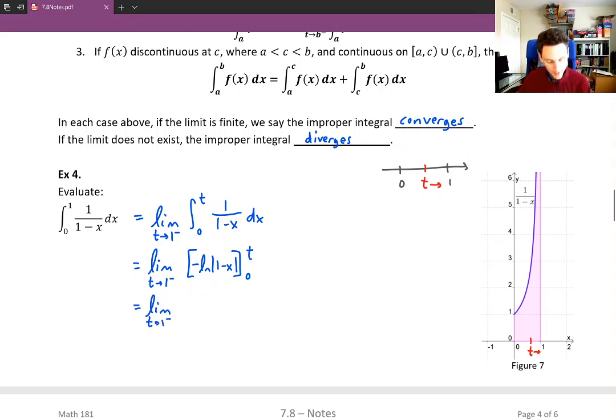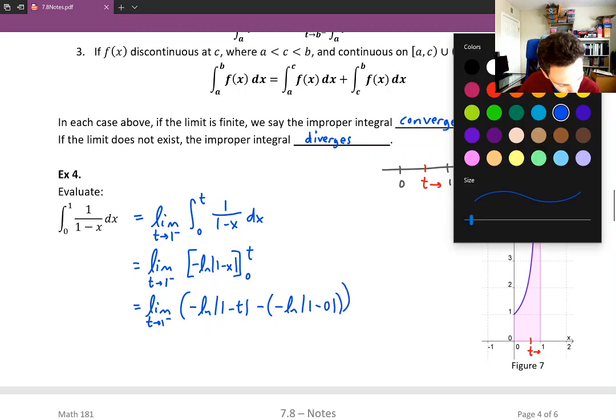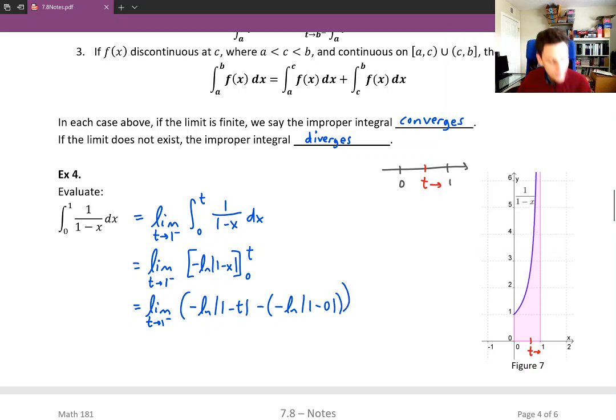Alright, so now we're going to have the limit as t approaches 1 from the left of negative ln absolute value of 1 minus t, minus negative ln absolute value of 1 minus 0. Ln of 1 minus 0 will be ln 1, which is 0. So don't need to worry about that.